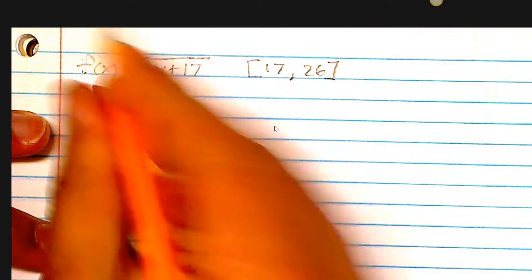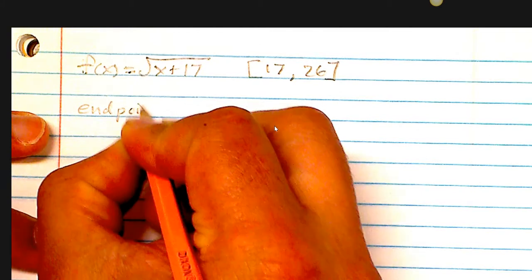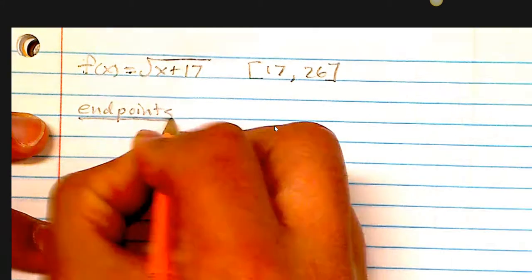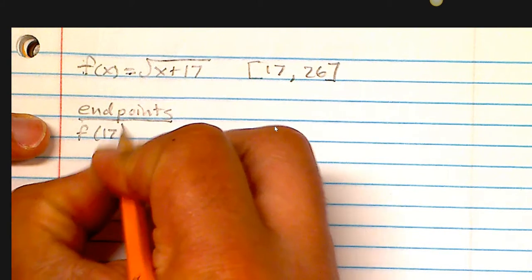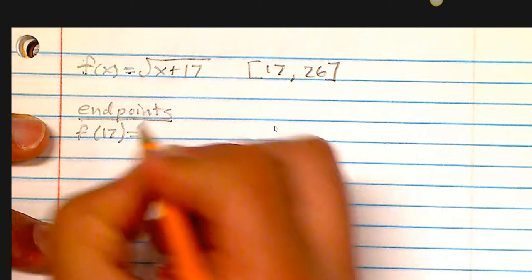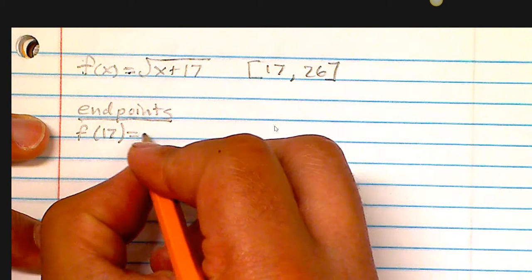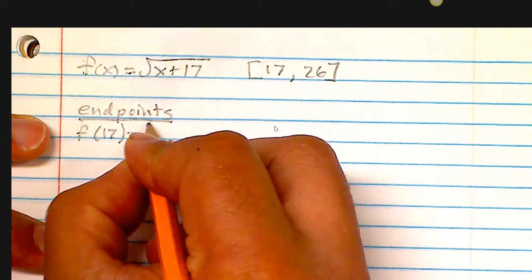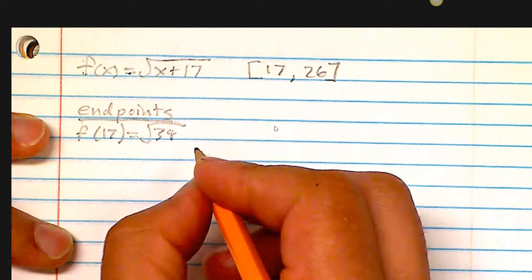Alright, so I'm going to just go ahead and evaluate my endpoints. Alright, so I end up getting, right here, a square root of 34. Okay. And it helps to know this decimal.